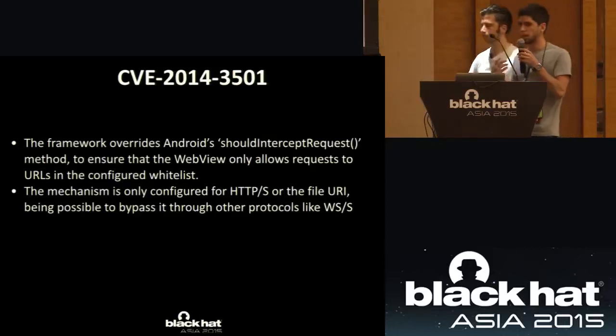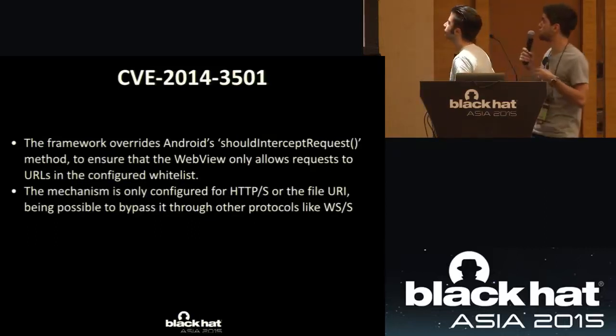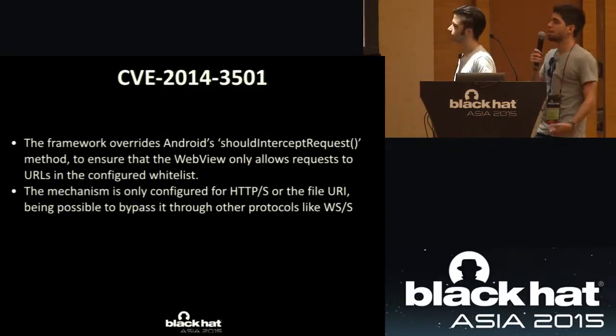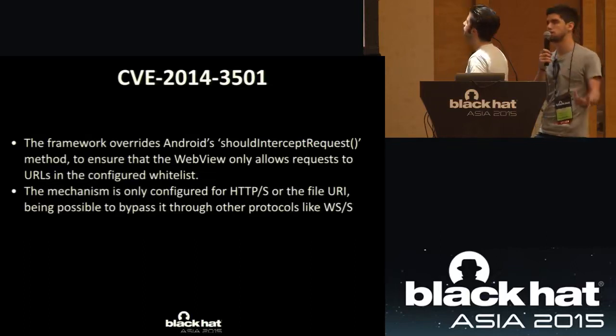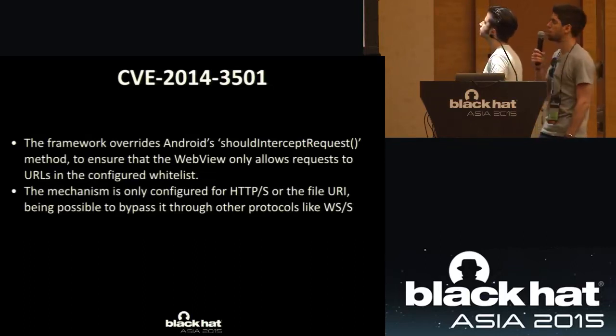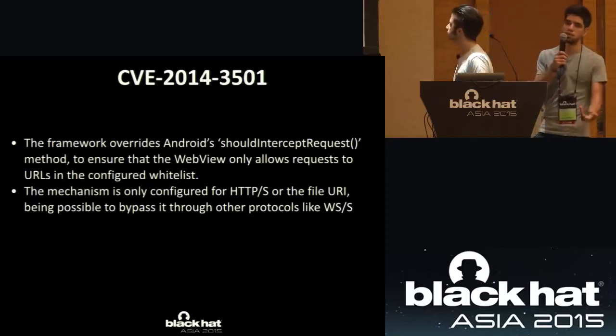The problem with this is that they are only checking the HTTP or HTTPS protocol, but they are not checking WebSockets, WebSockets under SSL, or file scheme. So if the attack doesn't work through HTTP or HTTPS, it doesn't matter because you can exploit the vulnerability through file or through WebSockets.